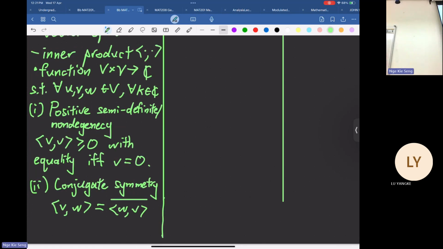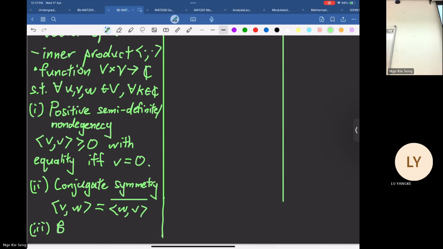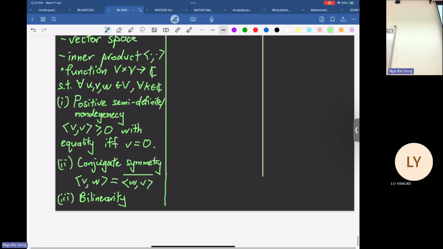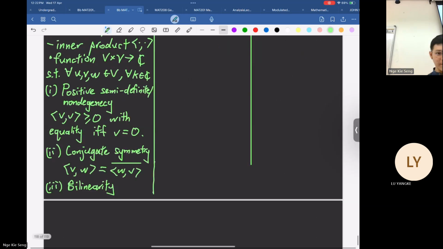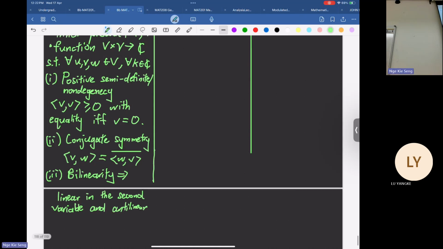The other thing is bilinearity. What's the bilinearity here? This word implies that it is linear in the second variable and anti-linear in the first variable.